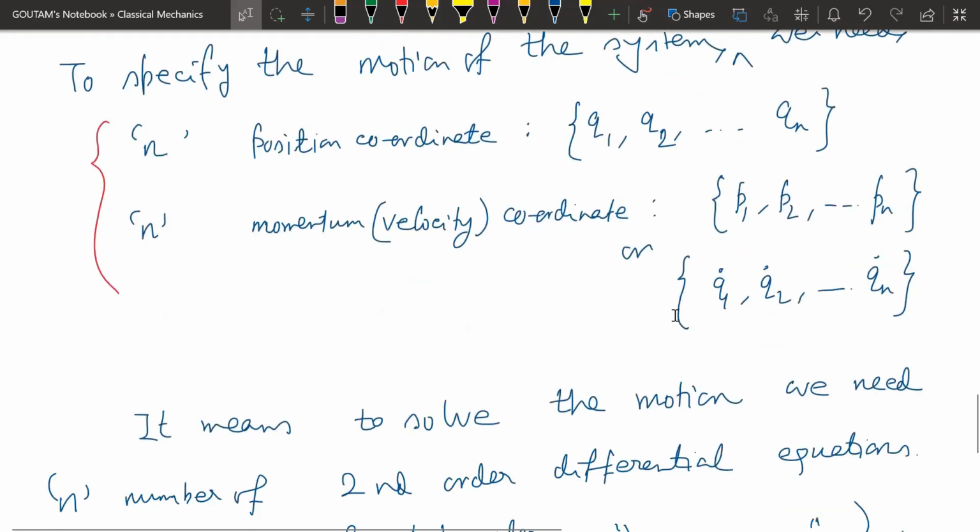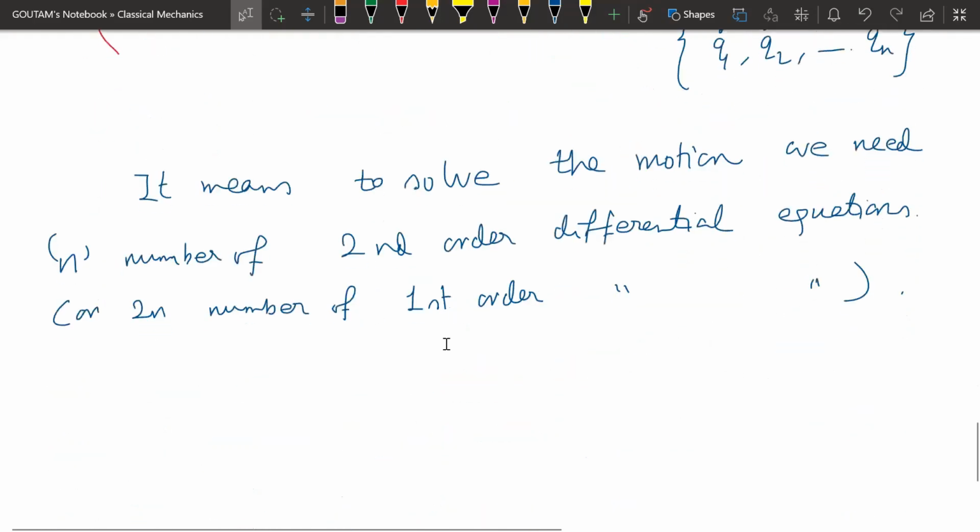We need to solve for q1, q2, qn, and we need to find the expressions for q1 dot, q2 dot, qn dot. So we will need either n second order differential equations or 2n first order differential equations.